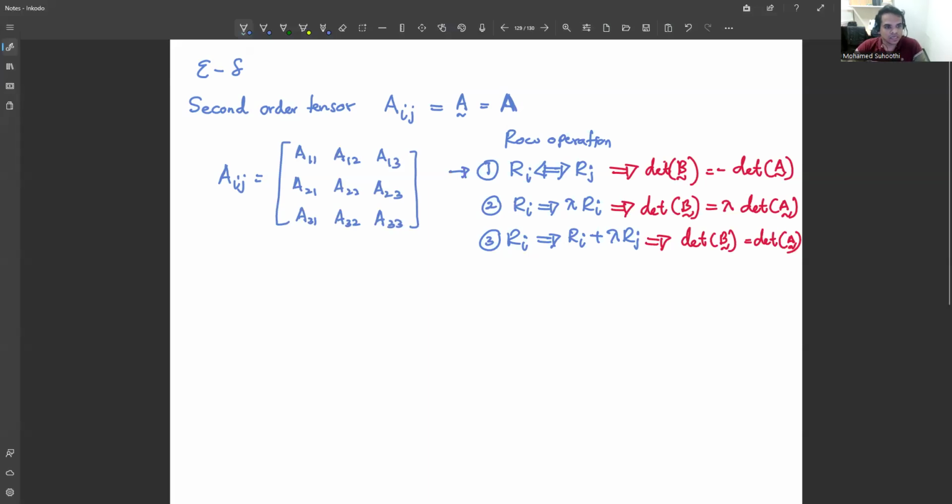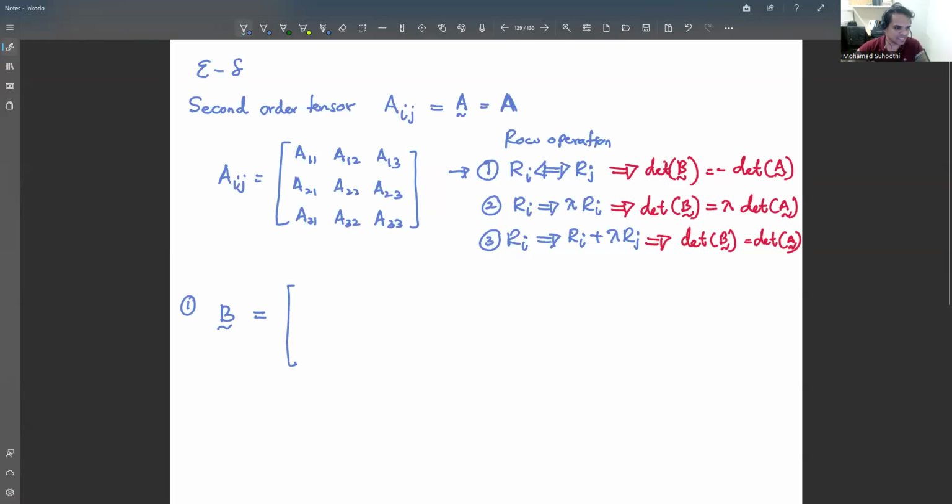Let me write a B matrix, the first case. I'm going to switch between two rows. So that means B matrix I consider now.